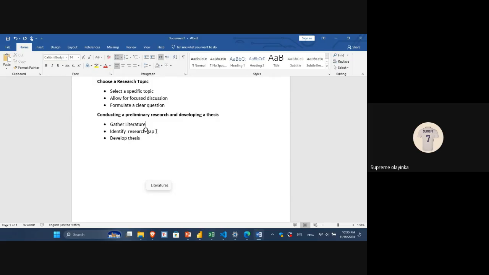Then you can now develop a thesis. Maybe, still on the same gestational mother and pregnant woman, you say, okay, I feel like aspirin is good for gestational and pregnant women. That's just the thesis.